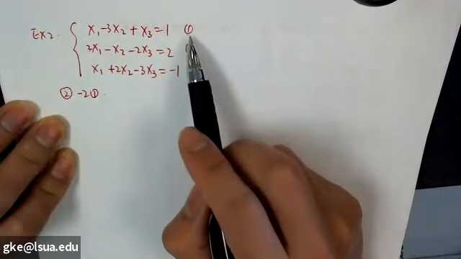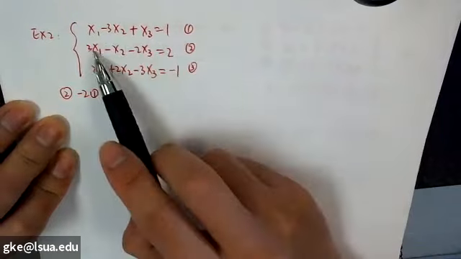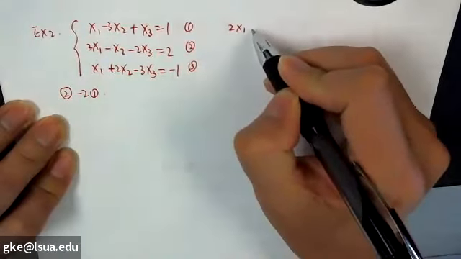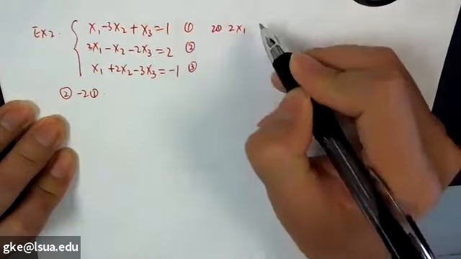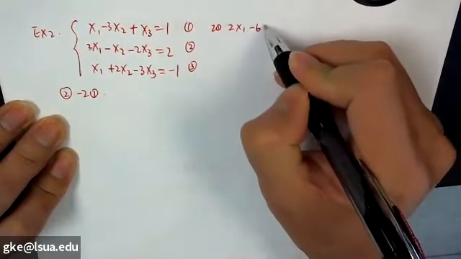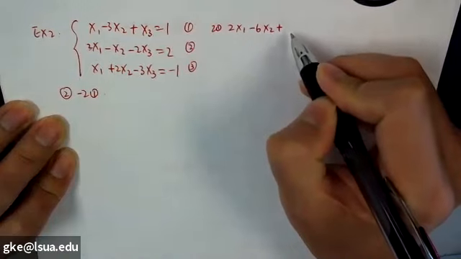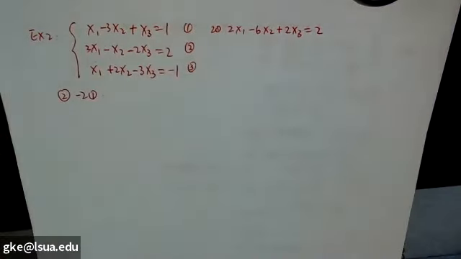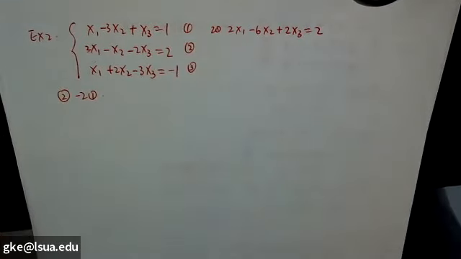So we let the first equation times 2, then we do the subtraction, right? We'll just write down 2x1 plus 2x3 equals 2. So we're gonna do the subtraction.